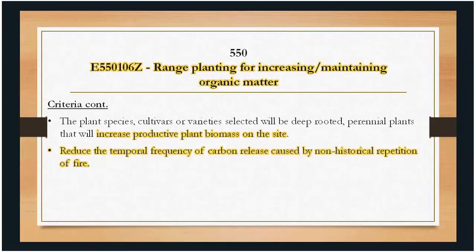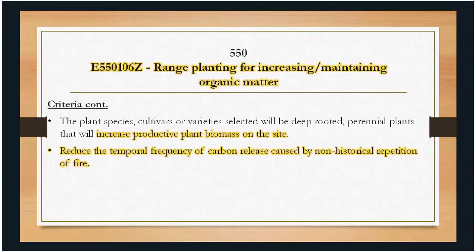Now specifically for organic matter, soil organic matter depletion, whatever we do has to increase the productive plant biomass on the site. And this was an interestingly worded criteria. Maybe you can help me decide what this means.